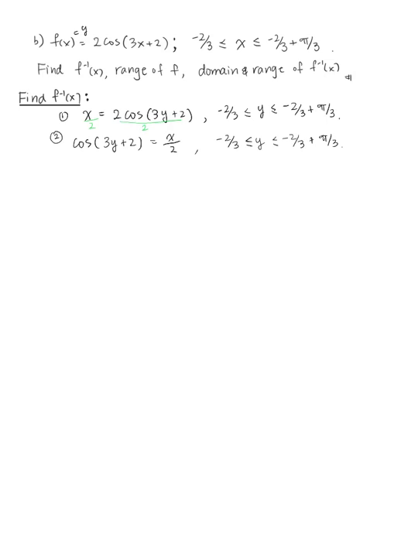This implies that cosine inverse of cosine of 3y plus 2 equals cosine inverse of x over 2, so now that implies that, not 2y, sorry about that, it's 3y, is cosine inverse of x over 2.